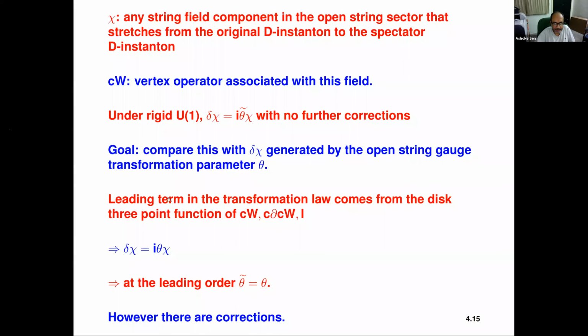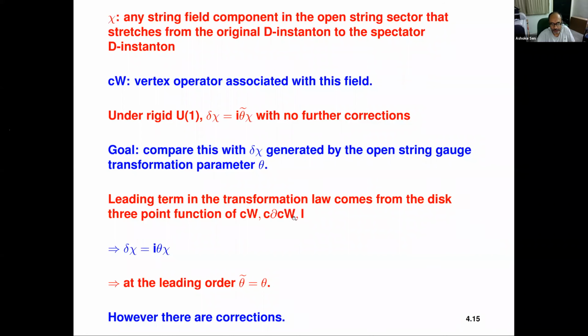It turns out that the leading term in the transformation law comes from the disk 3-point function of C W, C del C times W, and I. I is the identity operator, the vertex operator for the vacuum, because theta multiplies the vacuum. This is the vertex operator for chi itself. And this one is basically projecting onto chi.